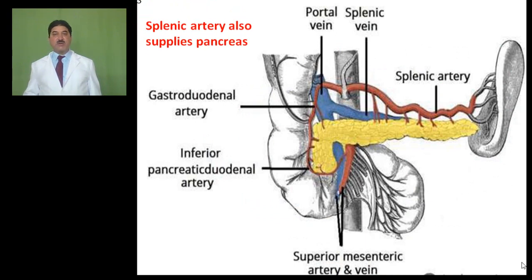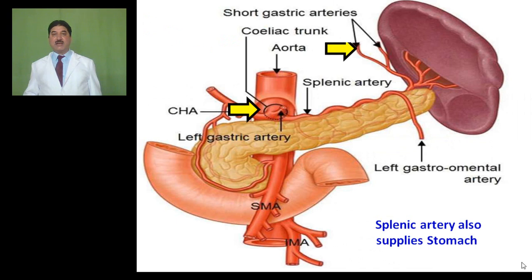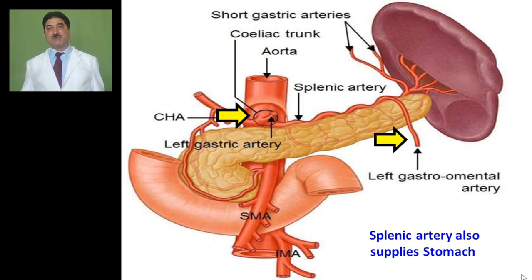One of the branches is larger and we call it arteria pancreatica magna. Then it reaches the hilum where it divides into many branches which supply the spleen. In addition, it also supplies the stomach through the left gastroepiploic and short gastric arteries. Short gastric arteries supply the fundus of the stomach. As shown in this diagram, the splenic artery gives the left gastro-omental and short gastric arteries before it enters the hilum of the spleen.